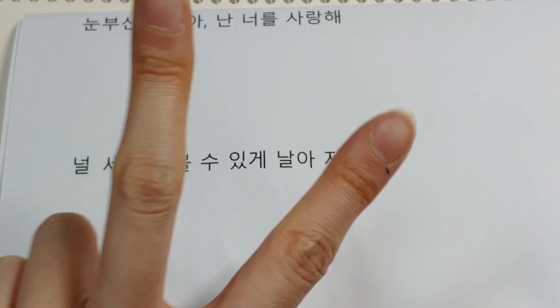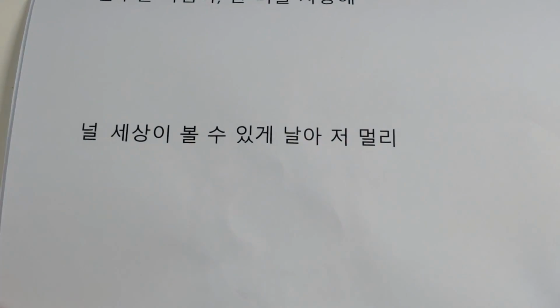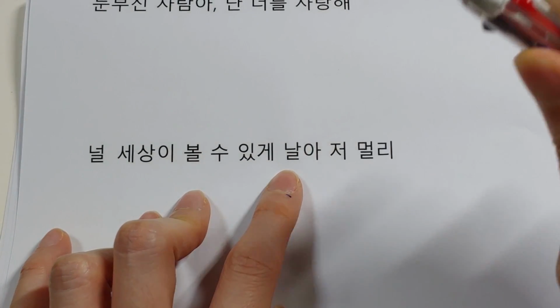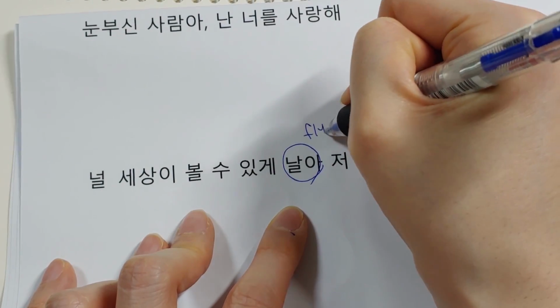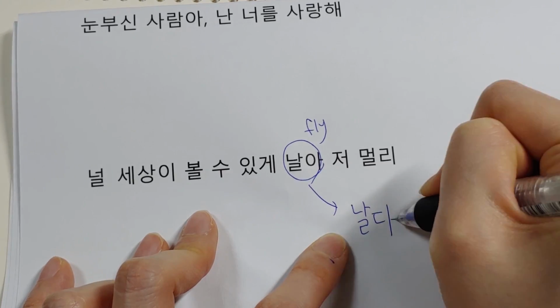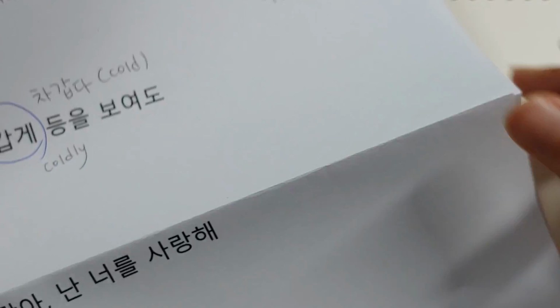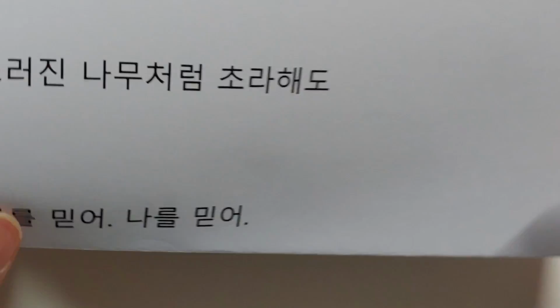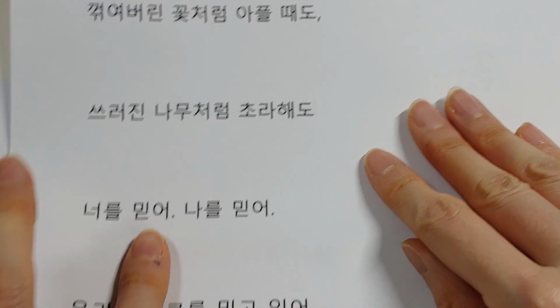Okay, so for the remaining part of this lesson, we'll look at 2 more verbs and 1 more postposition, the particle. So 나라 here means fly, and it comes from the stem verb 날다. And our last verb is a verb that has a beautiful meaning, and it's this one, 믿어.